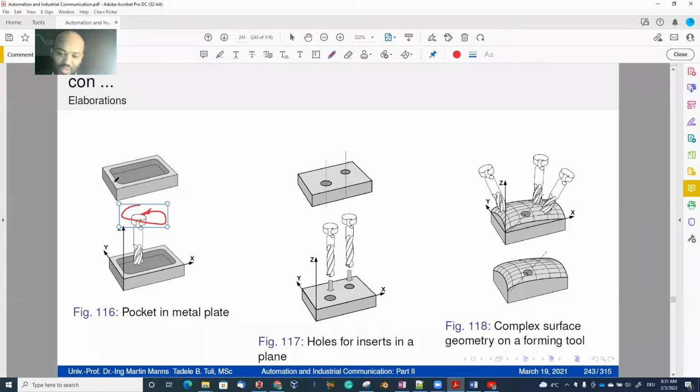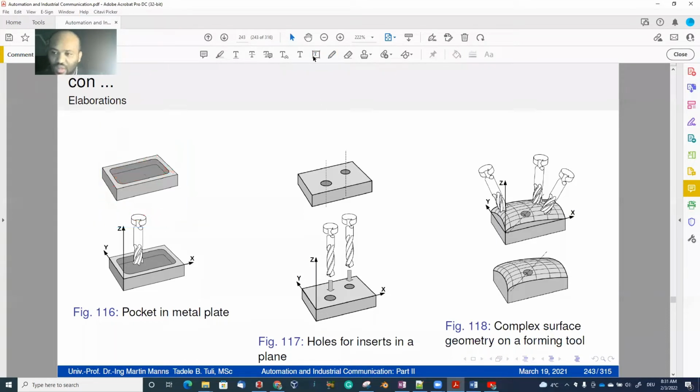For example, you fix your workpiece here, and you want to create this hollow. Just here we want to remove this section. So what you have to do is rotate the tool, linearly move down, move here, then here, then here, and then finally you are done, right?